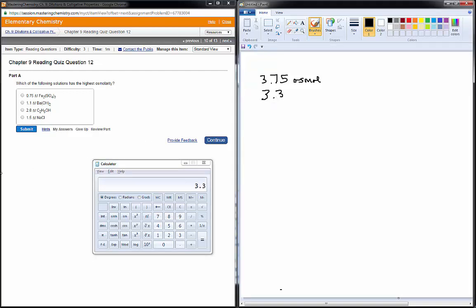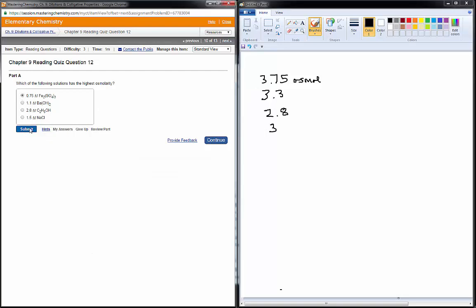For that third one here, because it's covalent, it does not dissociate, so I multiply it by 1 because there's only one thing there. That'll still be 2.8. And the 1.5 molar, multiply that by 2 things because NaCl only has 2 ions, and that is a 3 osmol solution. So of those, that one is the highest osmolarity.